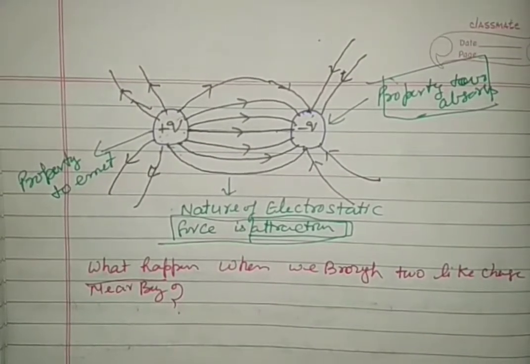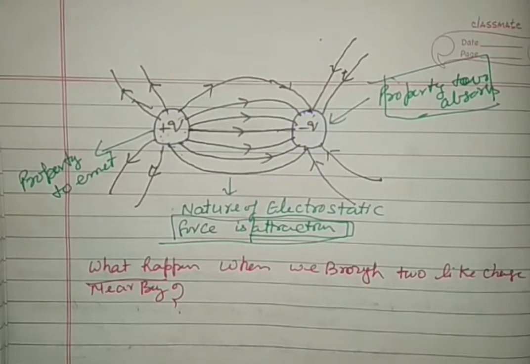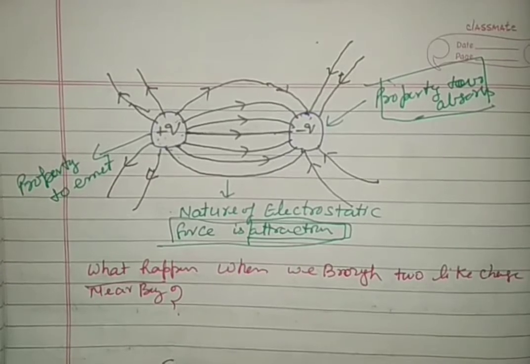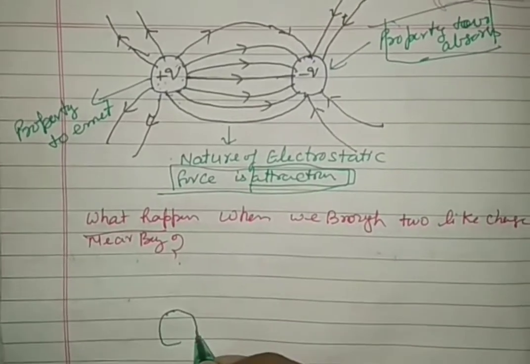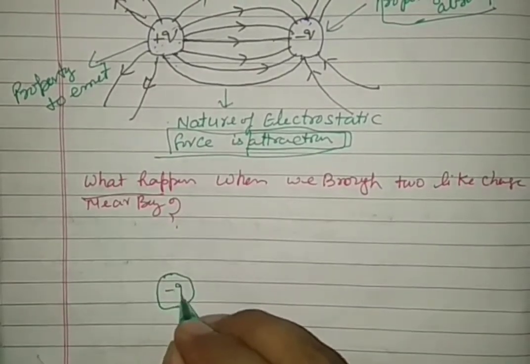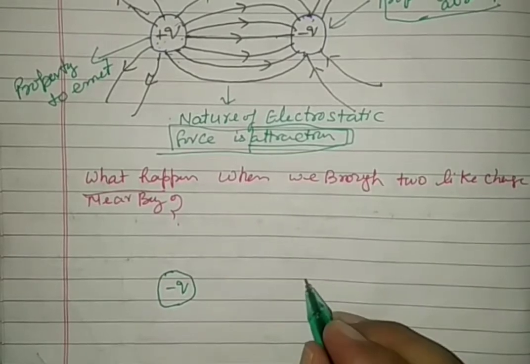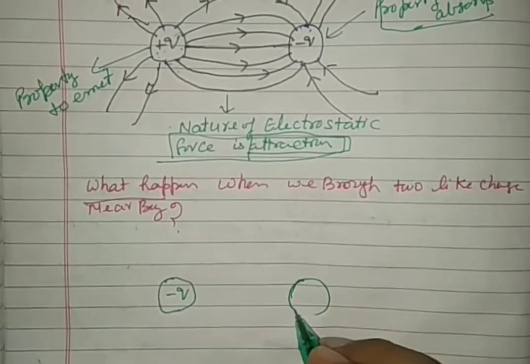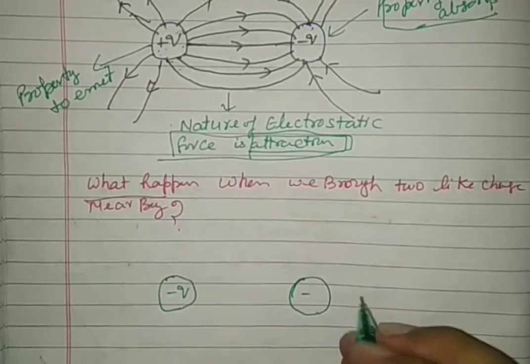See carefully what happened when we brought two like charges here in the field. One charge, suppose it is negative, and another charge here also negative.